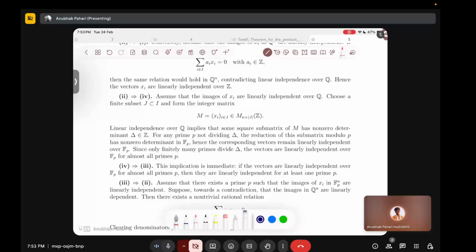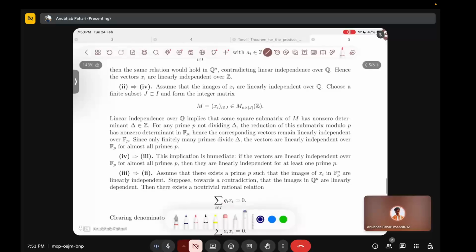Now linear independence over Q implies that some square submatrix of M has a non-zero determinant delta which belongs to Z. Now for any prime p not dividing delta, the reduction of this submatrix modulo p has non-zero determinant in Fp if p does not divide delta.